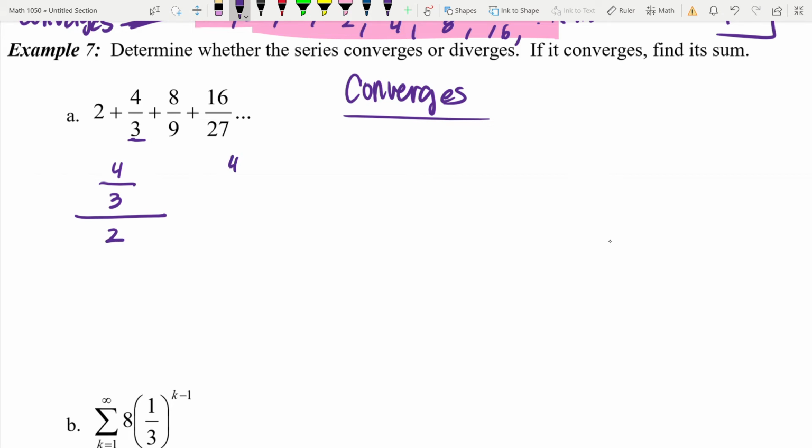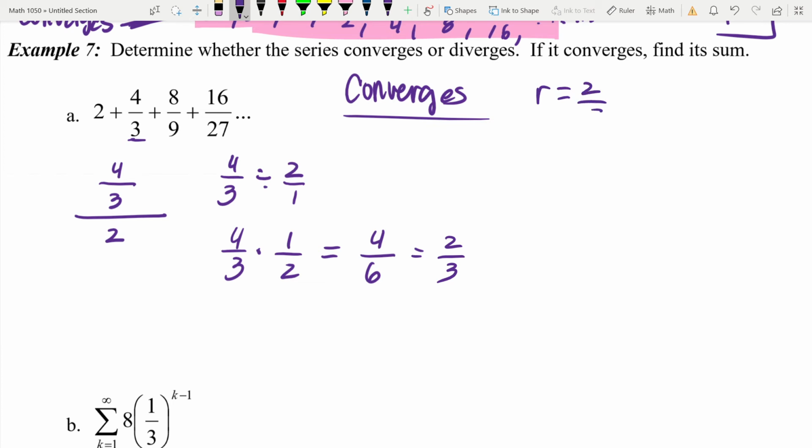So I'm going to write that as 4/3 divided by 2/1, which is 4/3 multiplied by a half. 4 times 1 is 4, 3 times 2 is 6, and 4/6 reduces to 2/3. So I know my ratio is 2/3. That's one way to do it.